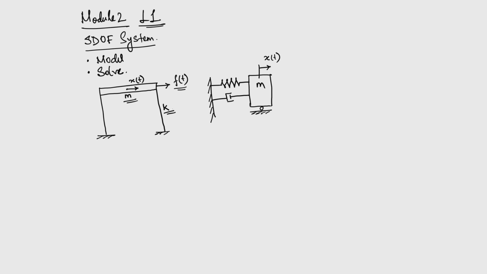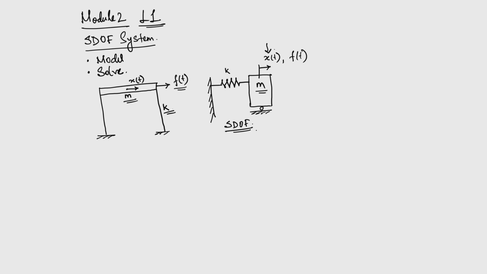For the time being we will not consider damping; as we progress in this course we will separately consider that. But we have a stiffness K, a mass m, and we apply a force f of t. Because we have only 1 degree of freedom, we call it an SDOF system.